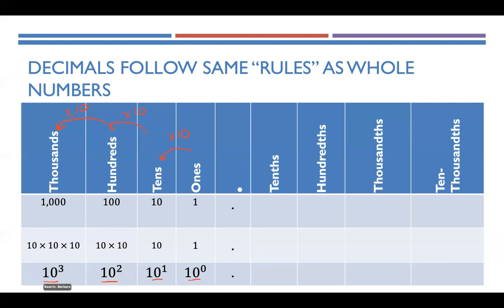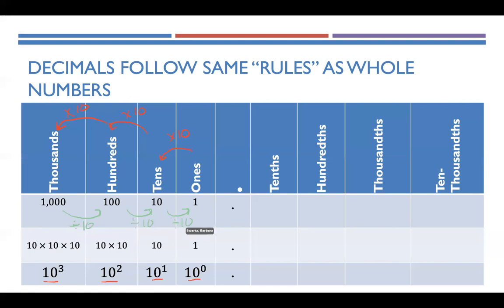And so this same pattern, if we look now at going to the right, we divide, not add. We divide by 10 as we move to the right, divide by 10, divide by 10.